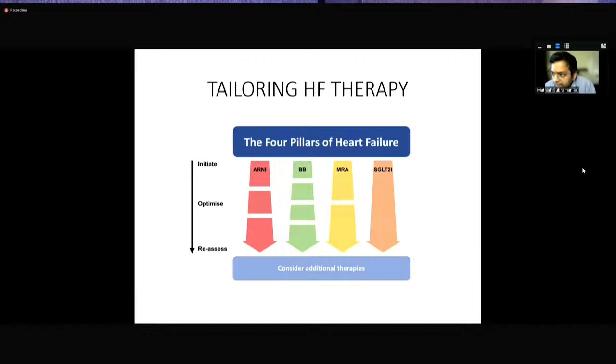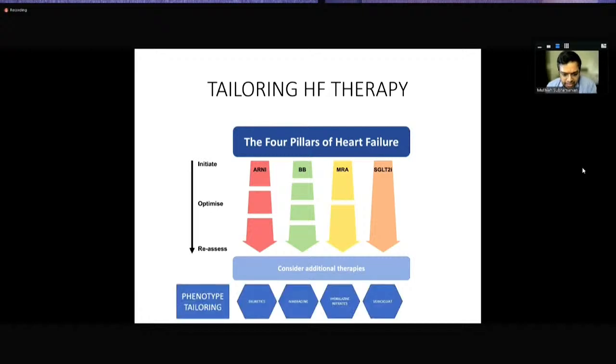But oftentimes we find that this is not enough for patients with refractory heart failure, and we are sort of stuck either giving small doses of all 4 drugs, and it's difficult to optimize the therapy in all patients. One of the main reasons for that is each patient with heart failure has a slightly different phenotype. And not only using these 4 baseline drugs, but there are roles for diuretics, ivabradine, hydralazine nitrates, and now vericiguat as well.